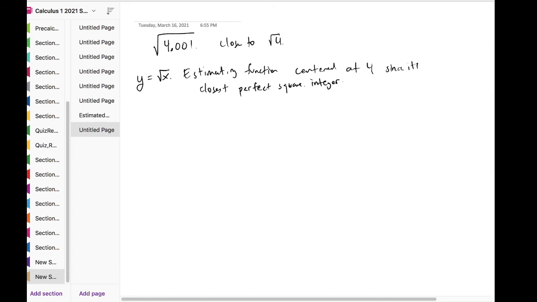How do you find the linearization? f of 4 is 2.